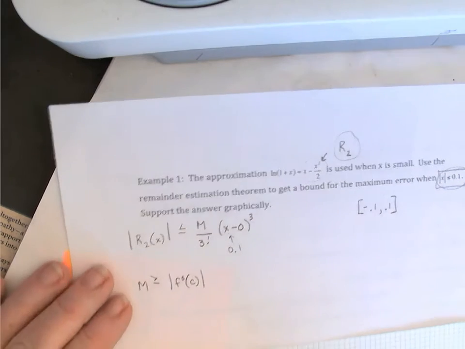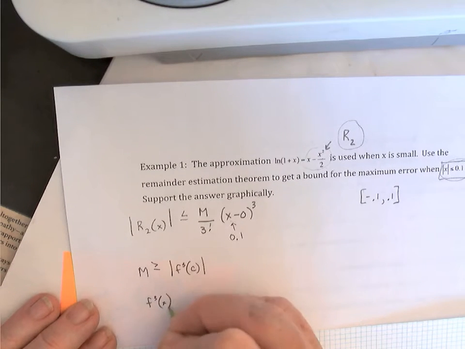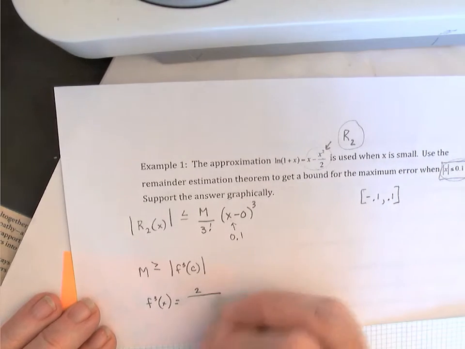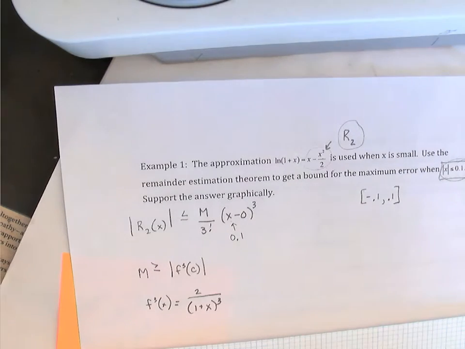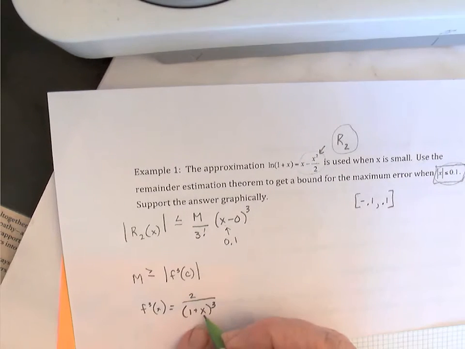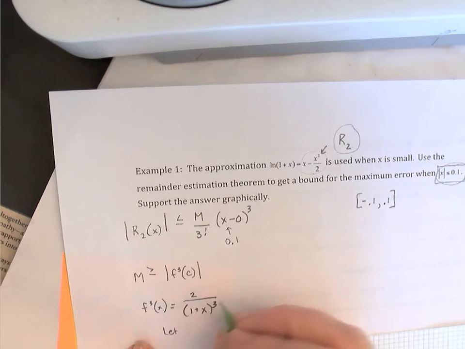And where we were in class was we knew that our third derivative of x was going to give us, let me look over here, 2 over 1 plus x to the third. And again, to anticipate the worst that it could be, we want to pick the x that's going to make this as big as possible. So let's let our denominator be as small as possible.